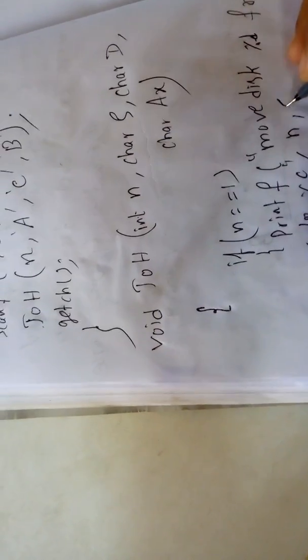That means number of disks n, source S, destination D, and up to this it has to be ended, and after printing we will return. This is what happens if n equals 1.